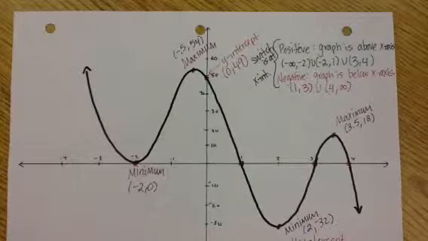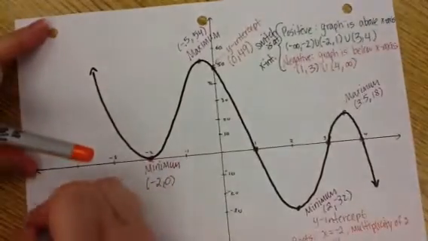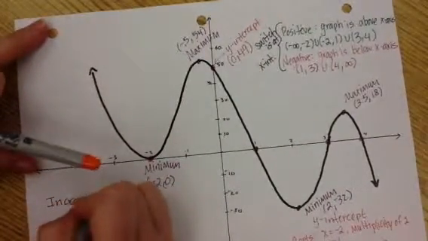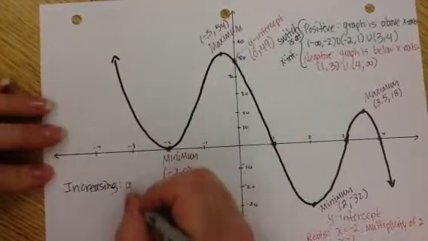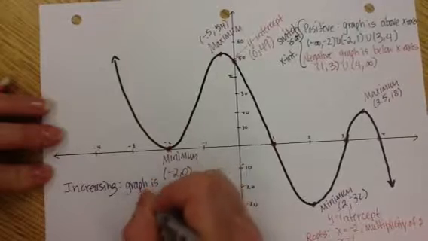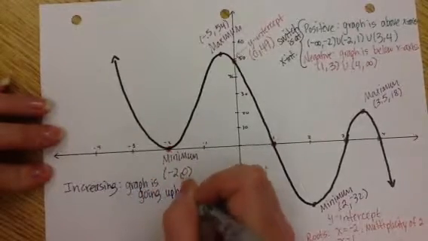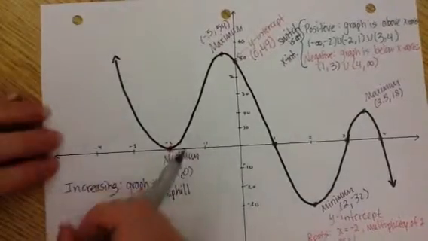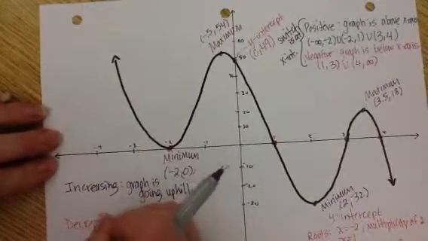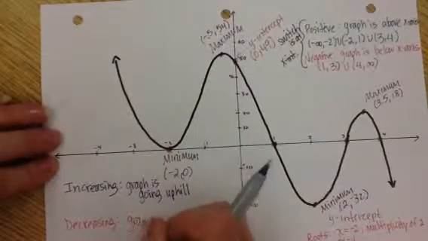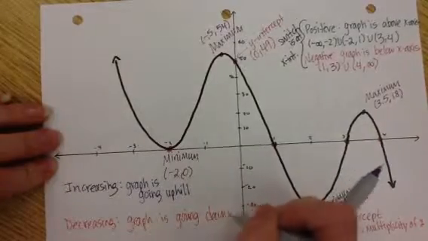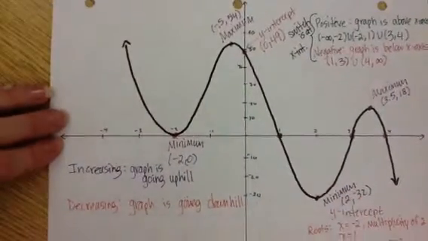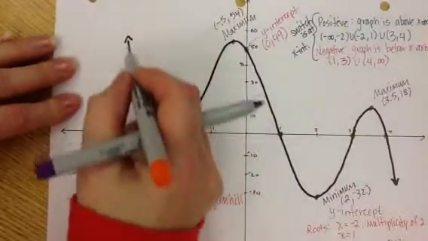Another concept that we want to review is increasing and decreasing. Increasing, just to refresh your memory, means that the graph is going uphill, and decreasing means the graph is going downhill. So our graph actually starts from the left-hand end.